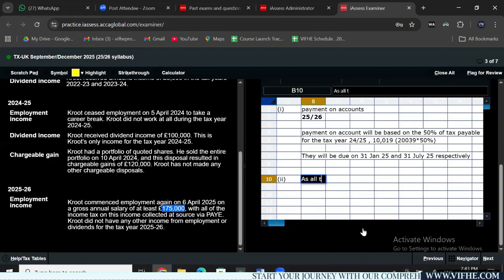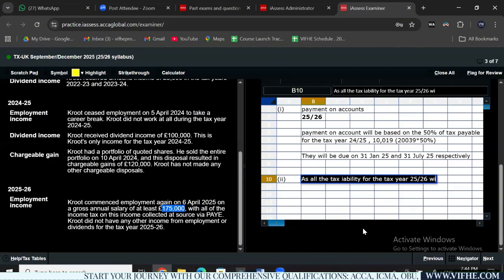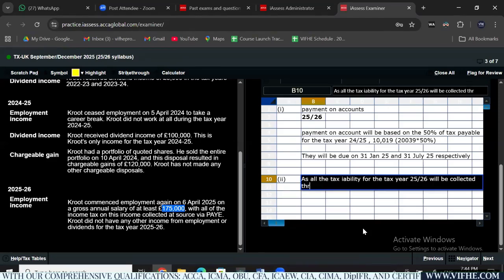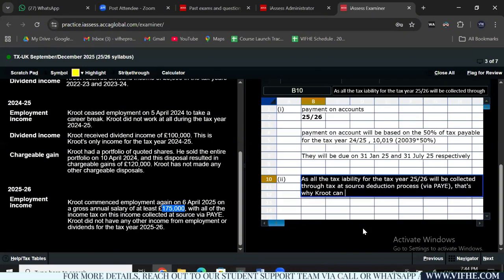As all the tax liability for the tax year 25-26 will be collected through the tax at source deduction process, I mean via PAYE, that's why Accrued can make a claim to reduce his payments on account to zero.